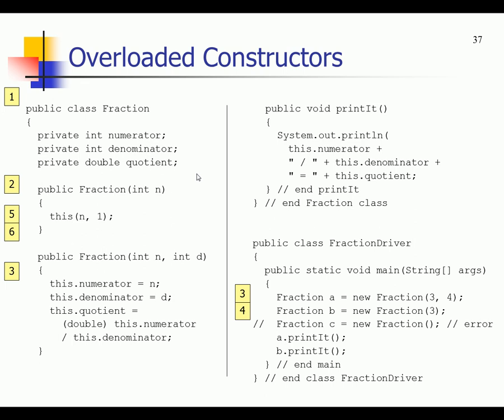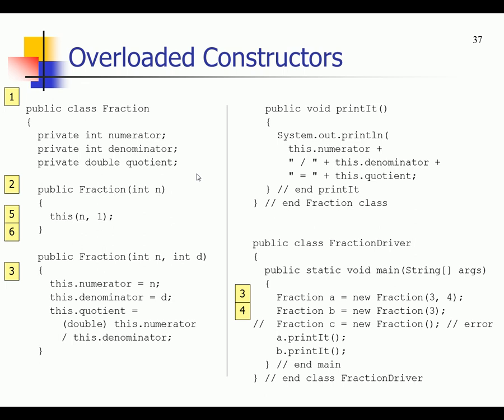So position 5 automatically called position 3. So that 6 I sent it, when I sent it just the 6, it automatically passed the 6 and a 1 down to position 3. So it says, oh, Ken forgot the 1. We'll add 1 for him, and then we'll create his fraction.